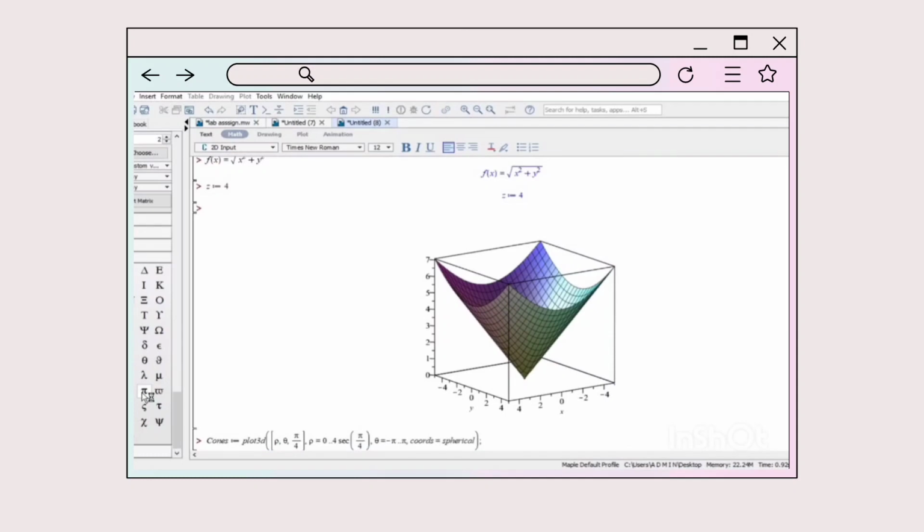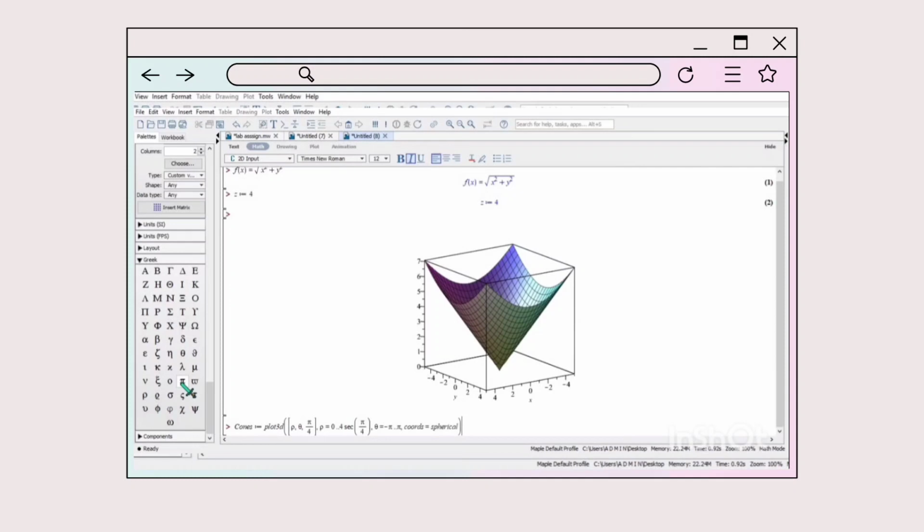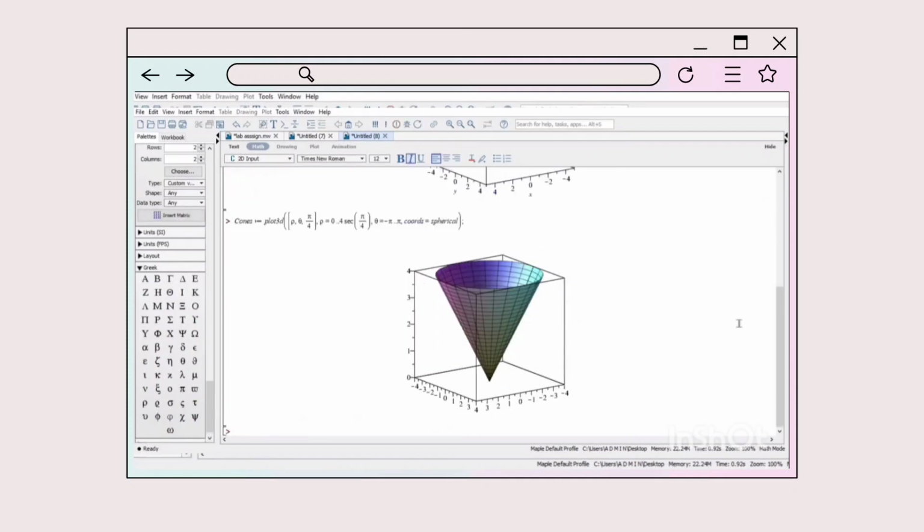Rho means the distance from the point to the origin, theta is the longitudinal angle, and phi is the angle that the position vector of the point makes with the positive z-axis. The spherical coordinate is rho, theta, and phi. We replace phi with pi over 4 here because the spherical cone has phi equal to pi over 4. After writing the command, we click enter, and our cone will look like this.